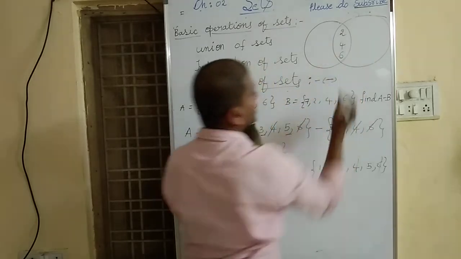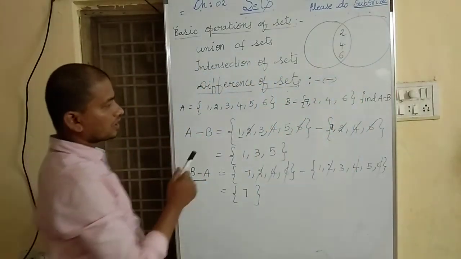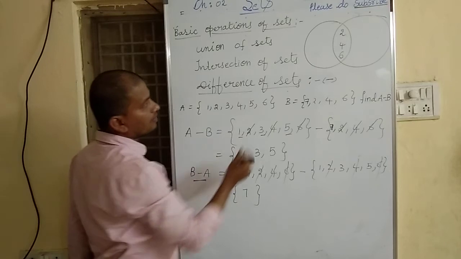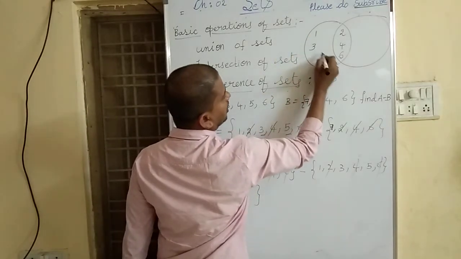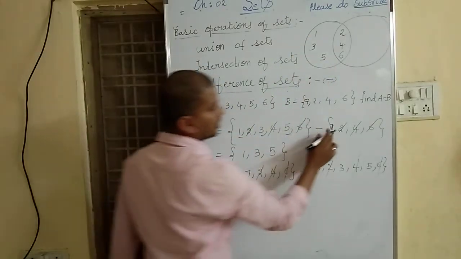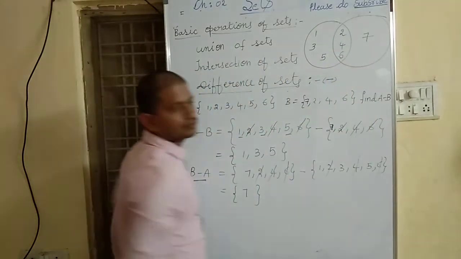Common elements are 2, 4, 6. What are the remaining elements? They are 1, 3, 5. Here the rest of our element is 7.